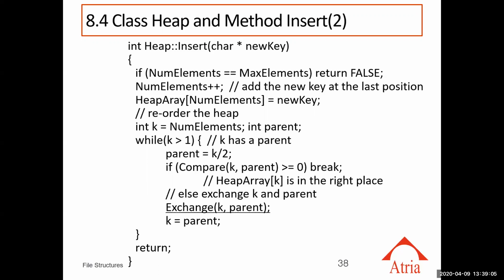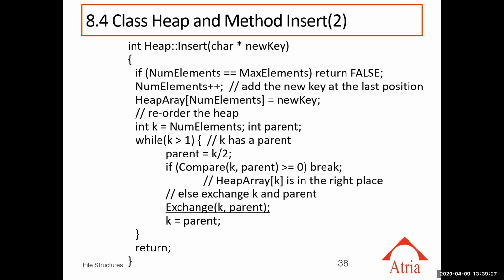We have to reorder that new element. The new element we entered is stored in a temporary variable k, and we take one more variable as parent. Parent will be the root node. We check whether k is greater than 1. If it is greater than 1, k has a parent.